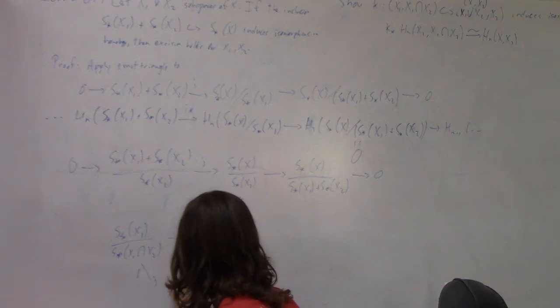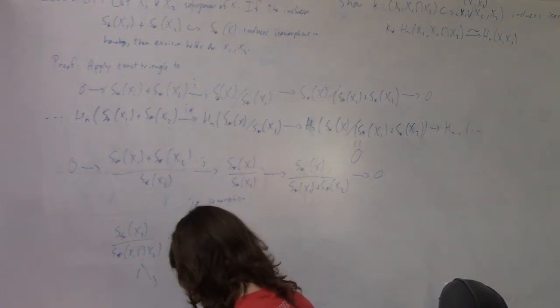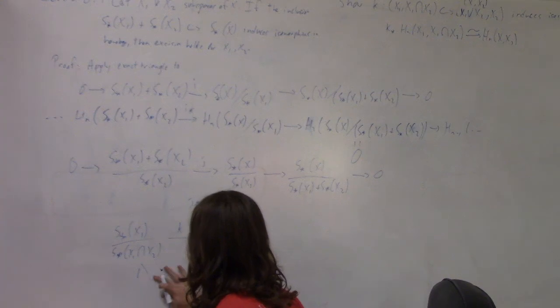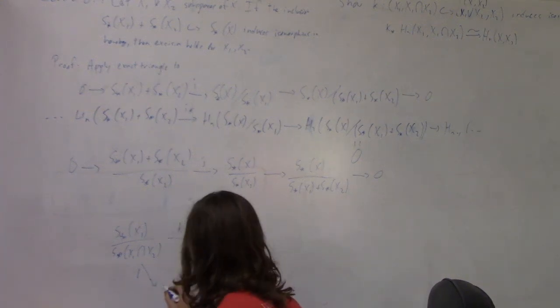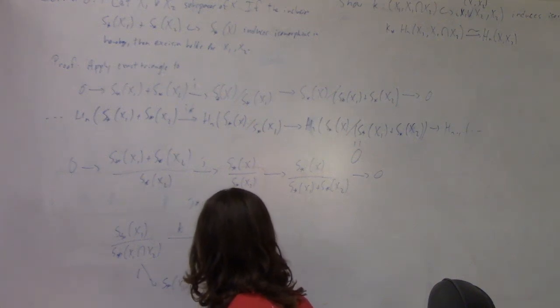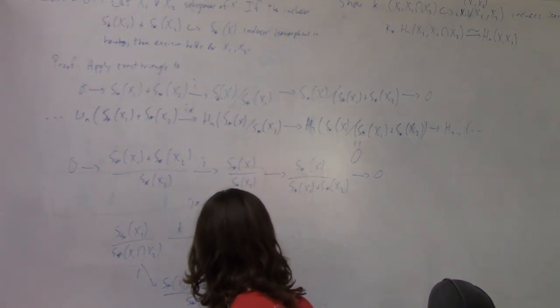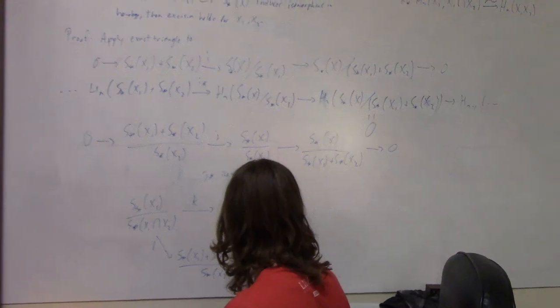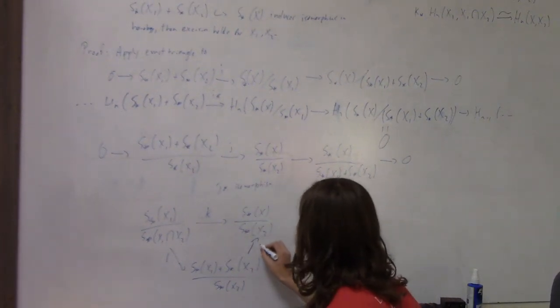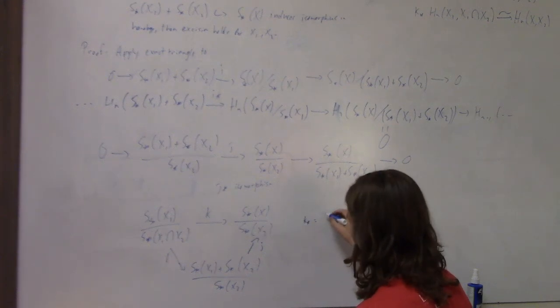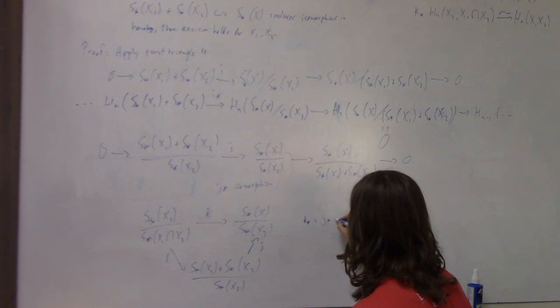This is L, and L is the isomorphism of the second isomorphism theorem. J is this inclusion right here. And so K star is going to be equal to J star L star.